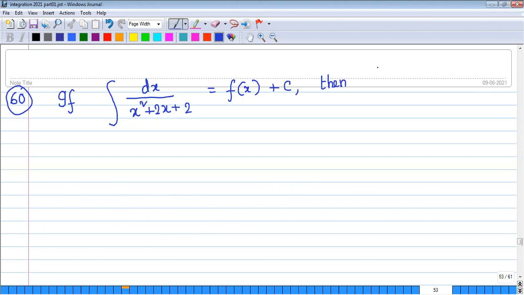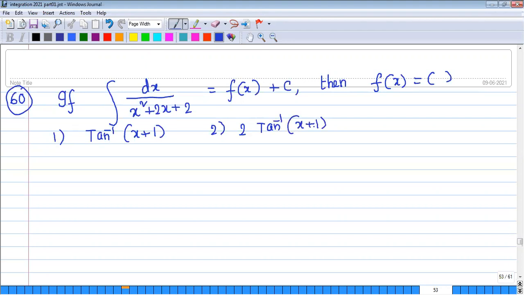Then f of x equals: first option, tan inverse of x plus 1; second one, 2 times tan inverse of x plus 1; third one, negative tan inverse of x plus 1; fourth one, 3 times tan inverse of x plus 1.